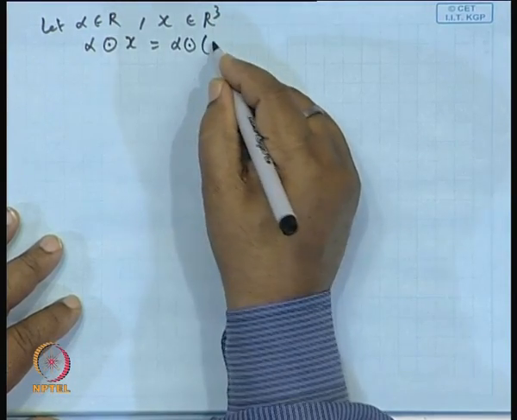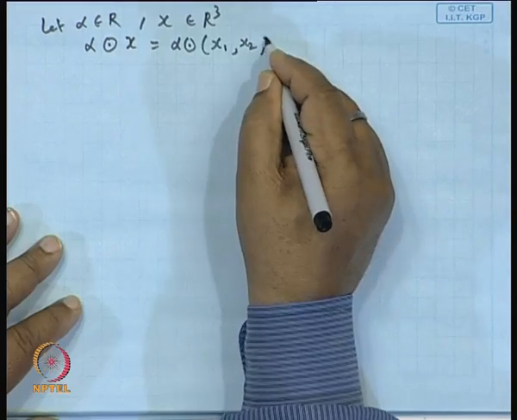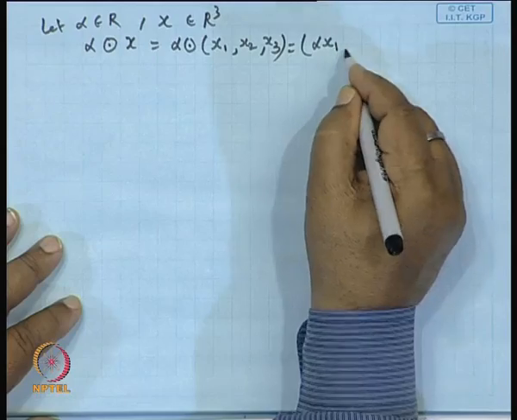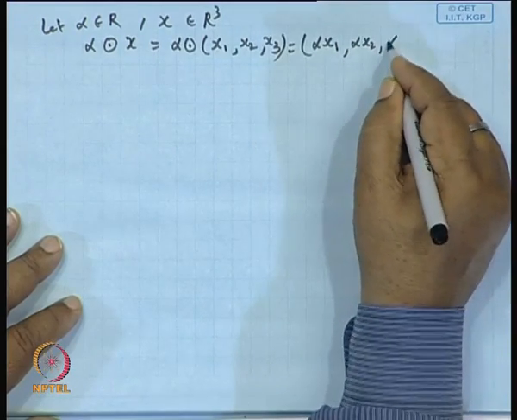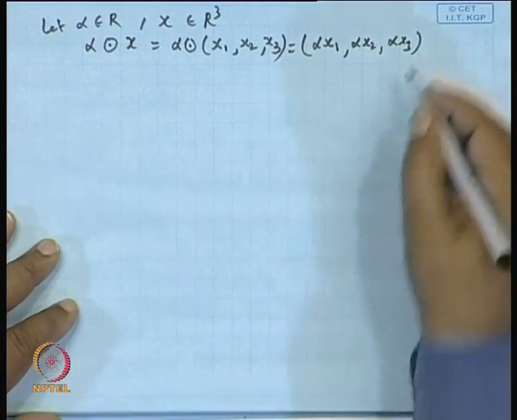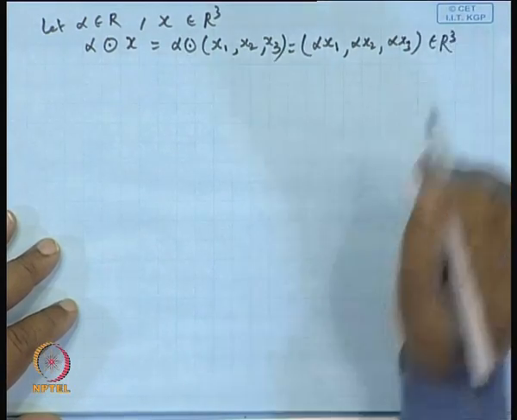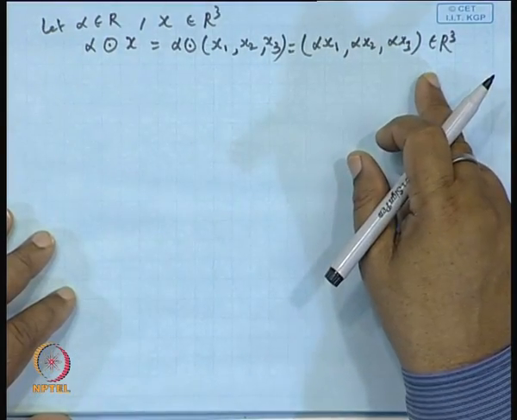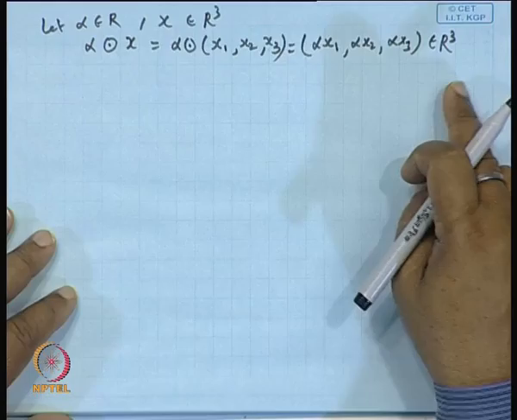Alpha dot x 1 comma x 2 comma x 3 will be equal to alpha x 1, alpha x 2, alpha x 3. So, this way we are defining. This is again a point of R 3. So, with respect to addition R 3 is closed, with respect to scalar multiplication R 3 is closed.